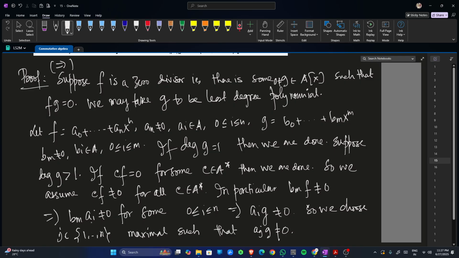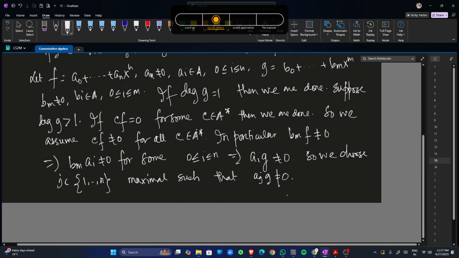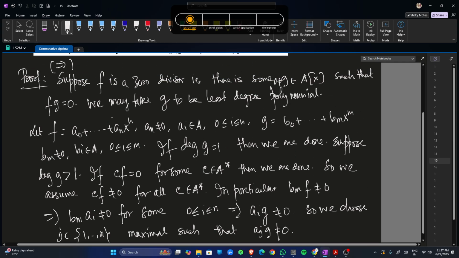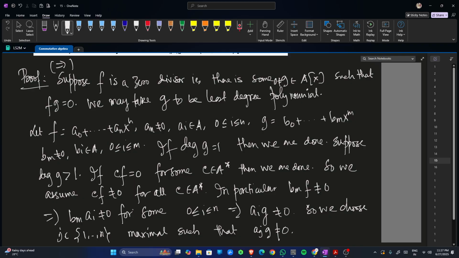So b_m a_i is non-zero means a_i g is non-zero, because if I multiply a_i with g, we know that b_m a_i is not equal to 0, so we can say that a_i g is not equal to 0. Now we are choosing j belongs to 1 to n, the maximal, such that this holds. There may be a lot of a_i.